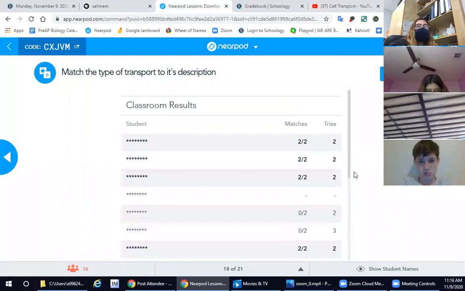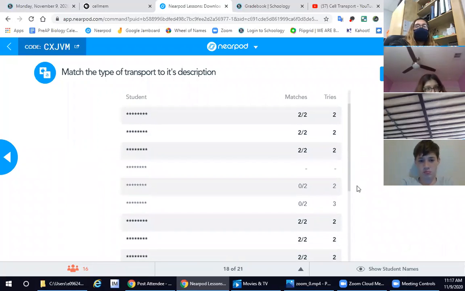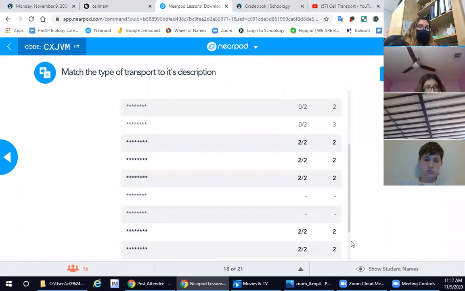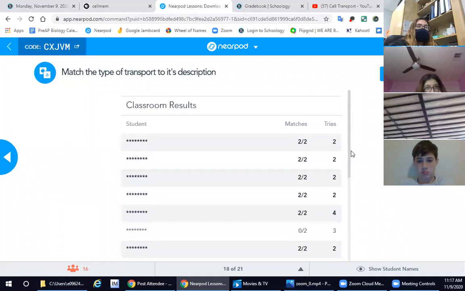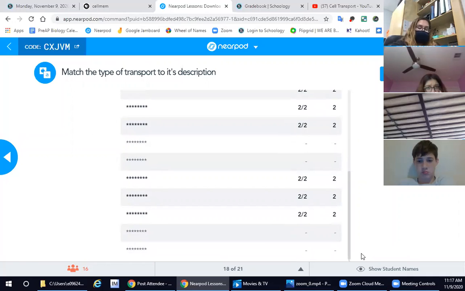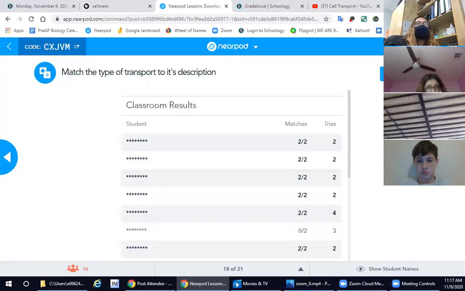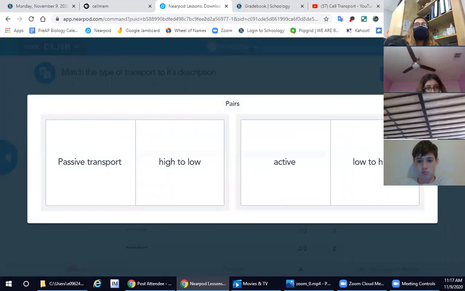Good job. So again, passive goes from high to low, active goes from low to high.